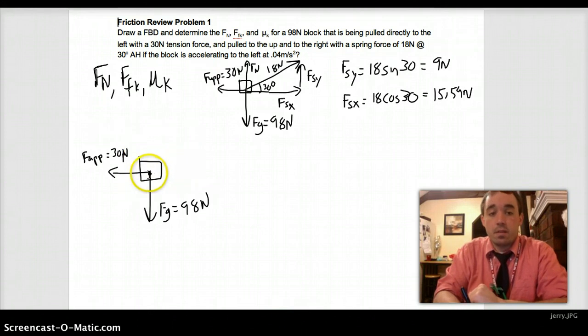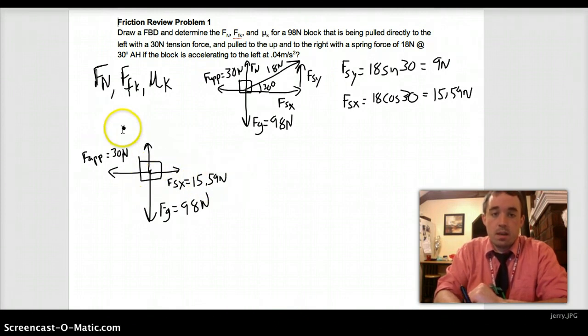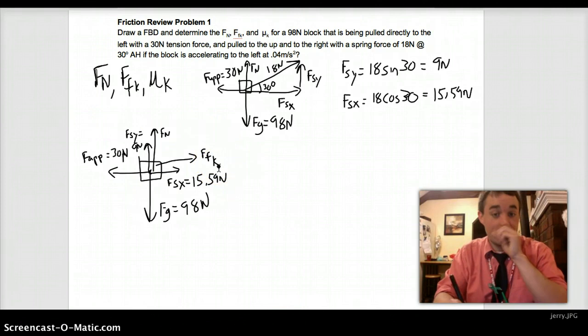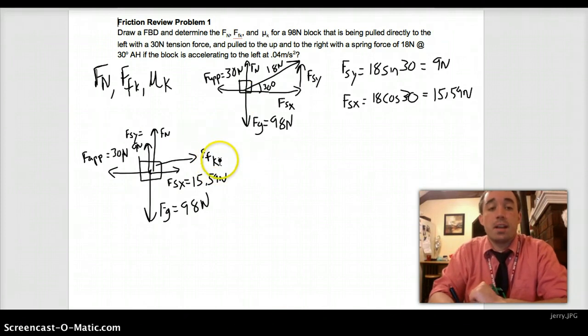We have an Fsx of 15.59 newtons, an Fsy of 9 newtons, a normal force of unknown as of right now, and we also have FFK, because we know this thing's accelerating. That tells us that it's kinetic friction.